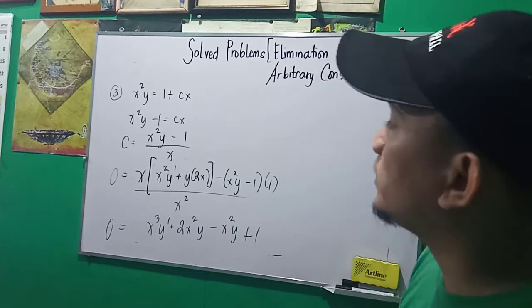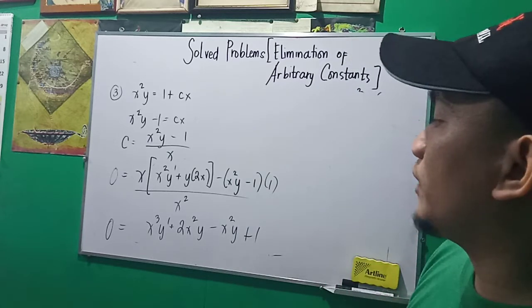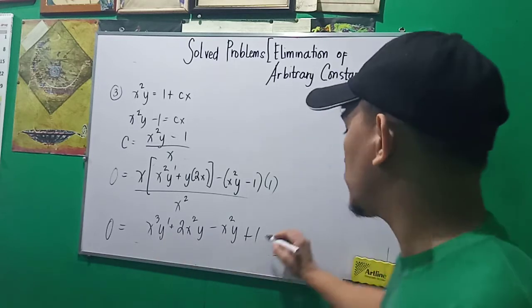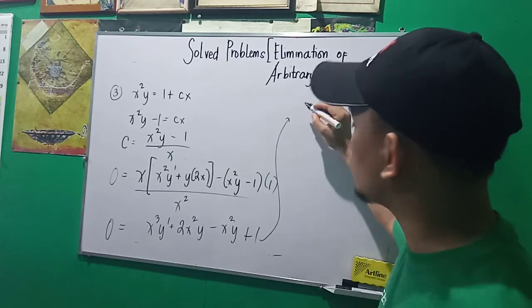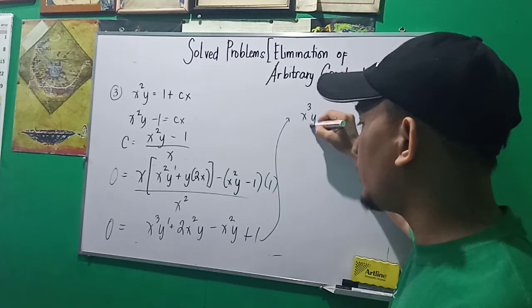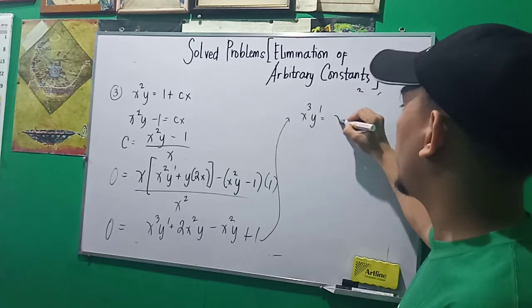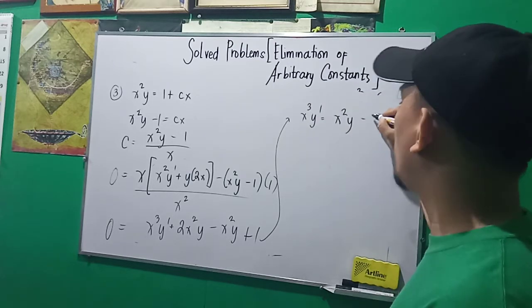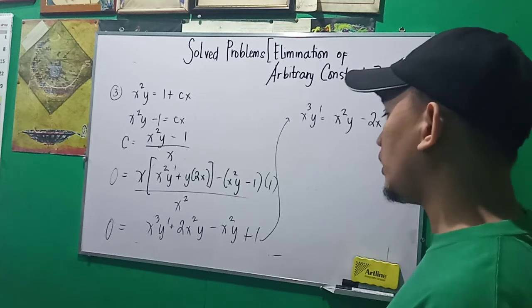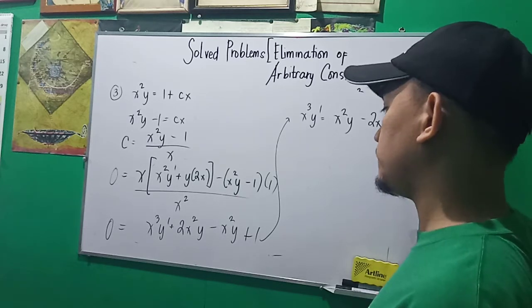So, ano na mangyayari dyan, Sir IJ? Ano ba yung may y prime natin? Di ba ito, mga Lodi? So, ang gagawin mo dyan, lipat natin dito. So, magiging x cubed y prime is equal to x squared y minus 2x squared y minus 1.